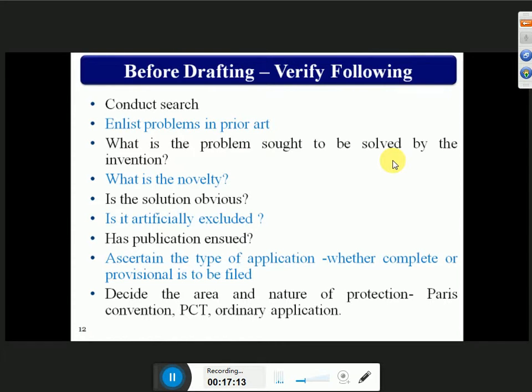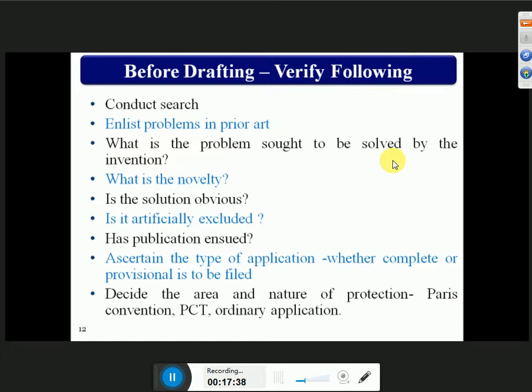Suppose we have thought of designing an easy system to read. The problem in reading is the brain lipi concept. Then we thought of putting a camera onto it, taking the images out of it and reading the images. So basically, what is the problem sought to be solved by the invention?